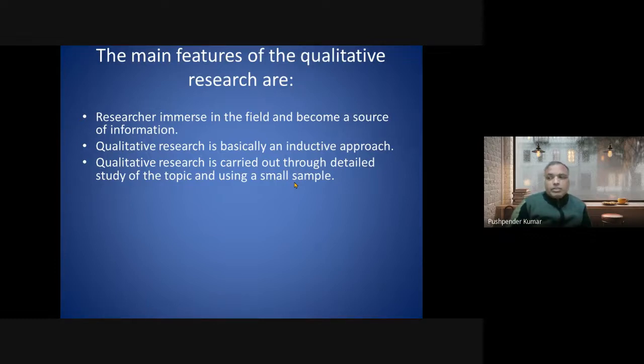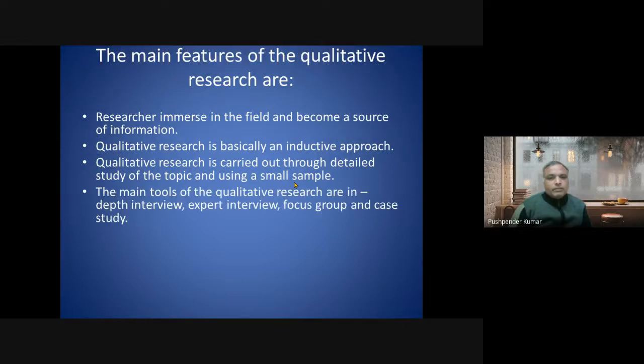So it's not an easy job, it's a bit difficult task. Now qualitative research is carried out through detailed study of the topic and using a small sample. So you don't need to go to a 100,000 sample size, maybe one person, one community, one society is more than enough. The main tools of qualitative research are in-depth interview, expert interview, focus group, and case study.